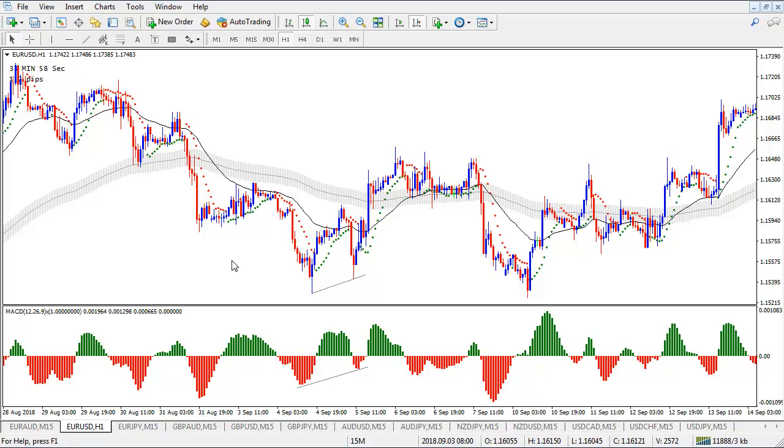So we're going to be looking for regular divergence, keeping an eye out for hidden divergence, looking for non-divergence, and looking for this kind of momentum of sorts, or the lack of momentum, or a change of direction in momentum. But this is what the MACD is going to be a good tool for.